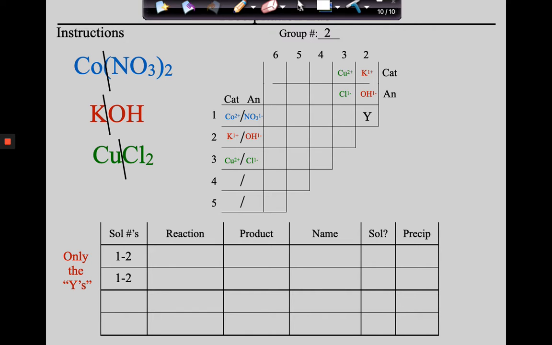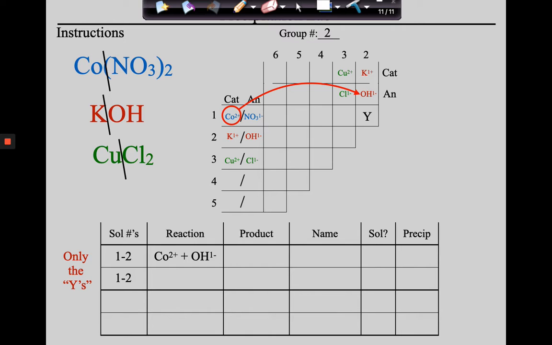Literally, the chemistry that took place is when you mix these together, here's what happened. Guys, the positive ion, the cobalt right here, traded partners and grabbed a hold of the hydroxide. So guys, that's the first thing that happened: the cobalt hooked up with the hydroxide. So what you're going to do is write that down right here.